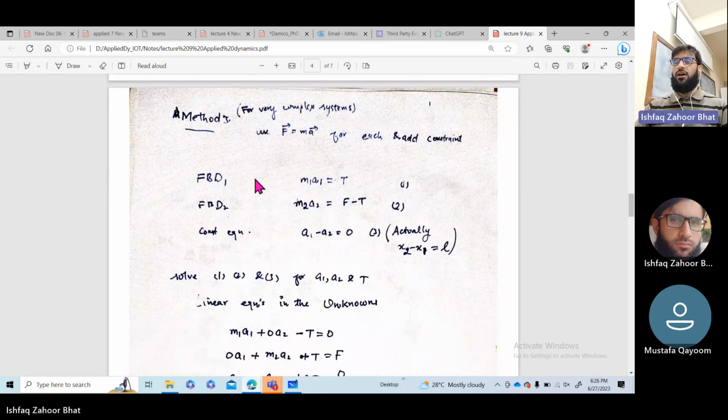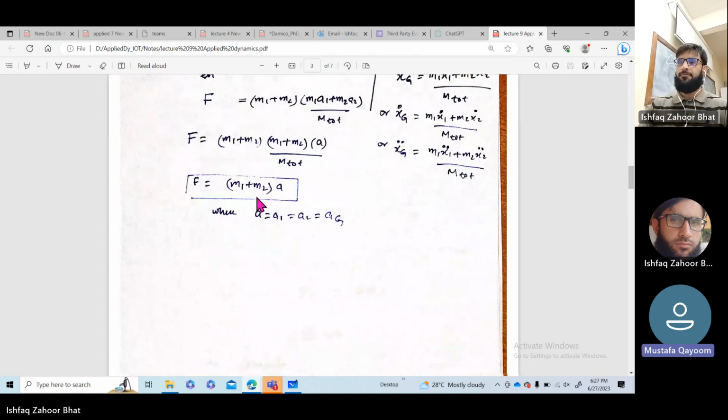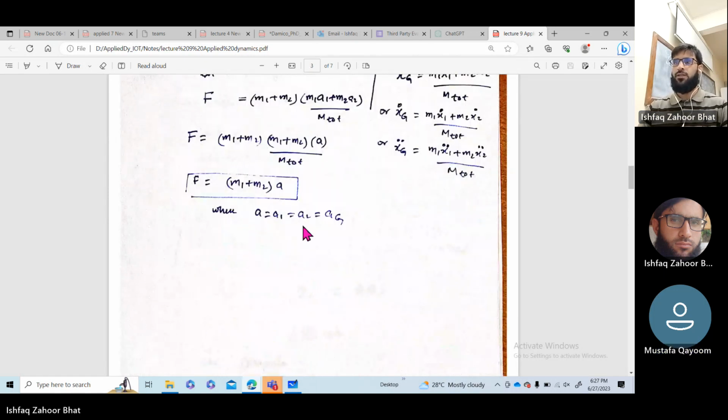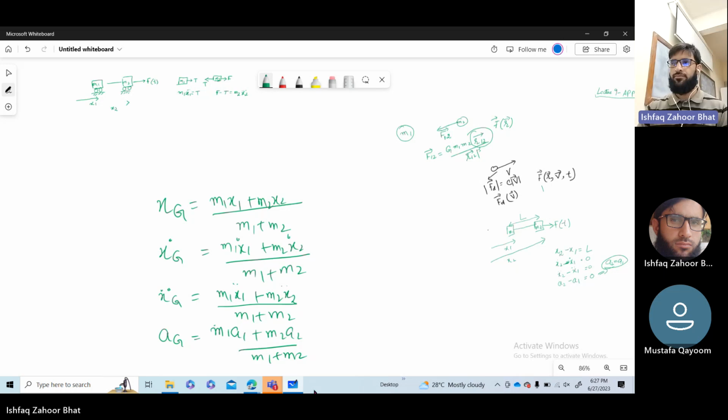So now, since this is a very simple system, we will apply... Sir, in the second method, a1 is equal to a2. How is a1 equal to a2, sir, in the second method? Okay, how is it equal? Okay, let us go.